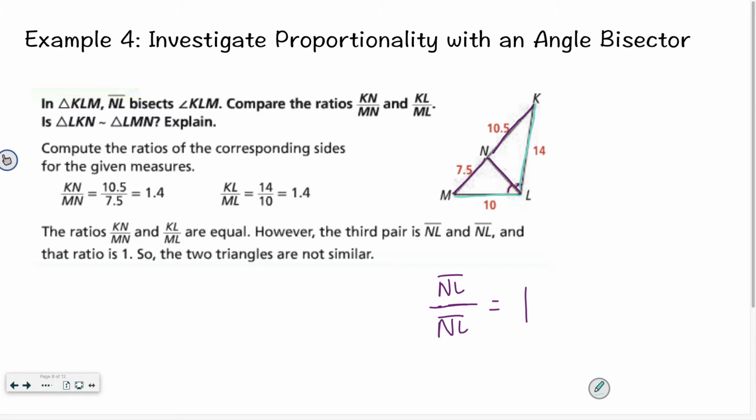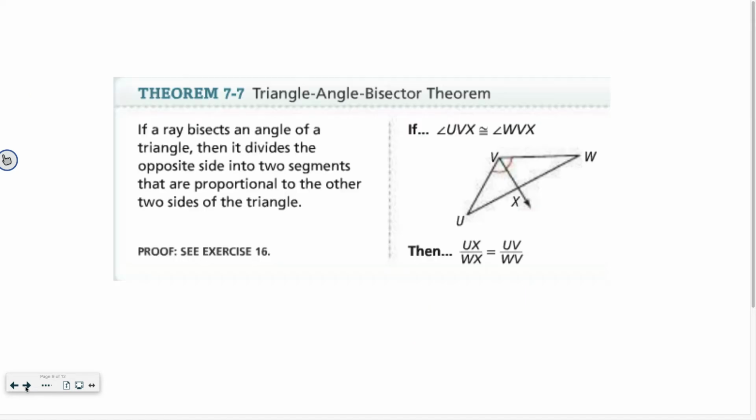The ratio of these sides equals 1. So that means that these two triangles are not similar. Okay, so you need to always check all three sides, especially if you don't have an angle that you can use.